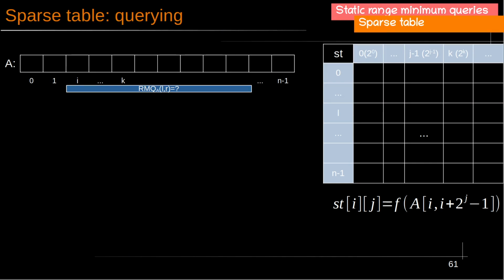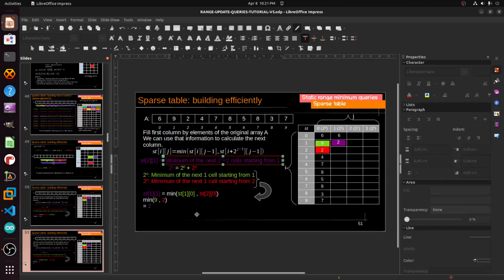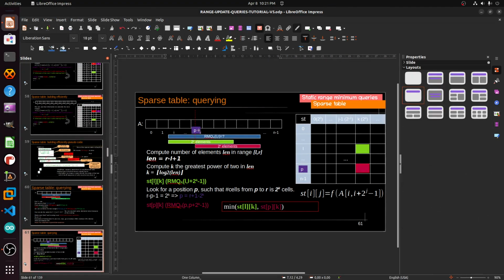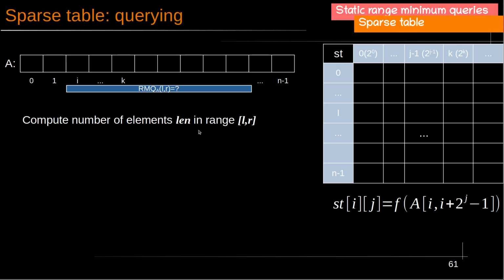So let's see how to query from left to right in the initial array using the sparse table. First, we compute the number of elements. As we have seen, the whole idea of the sparse table is to take a power of two elements, 2 power k elements, in that range.